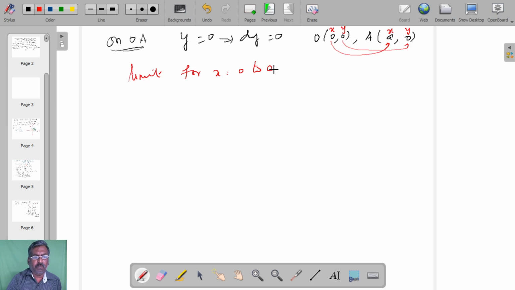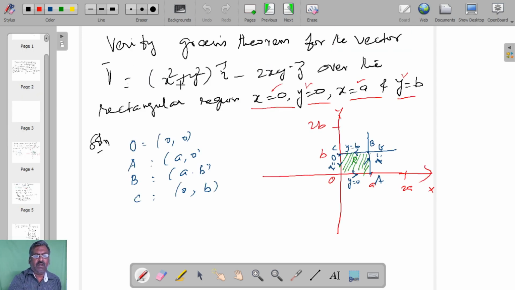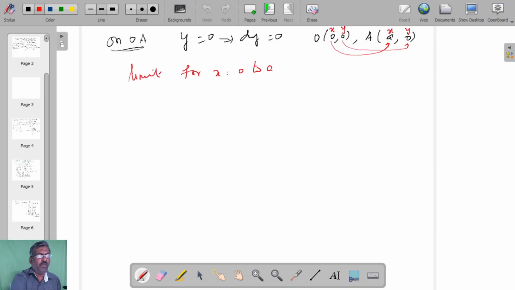Okay. Now see this question. What is m here? x squared plus y squared into i, minus 2xy into j. So m equals x squared plus y squared, n equals minus 2xy.